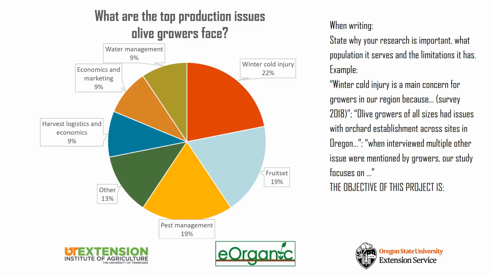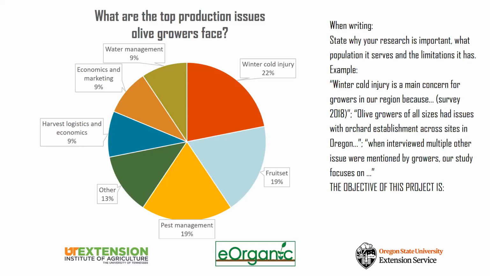So the first step before we decided on the priorities was to ask them what their main production issues are, right? As you can see here, of course, winter injury is one of them, fruit set, which is also kind of related to winter injury, and then there are multiple other things.